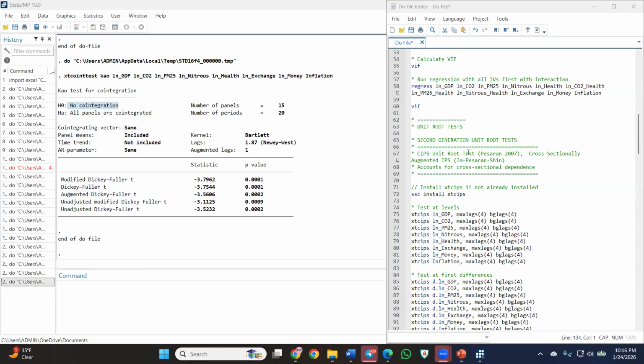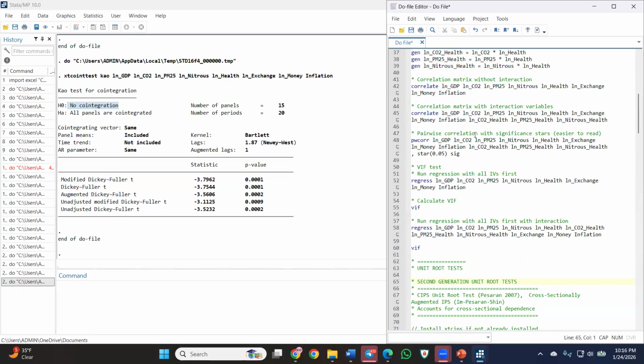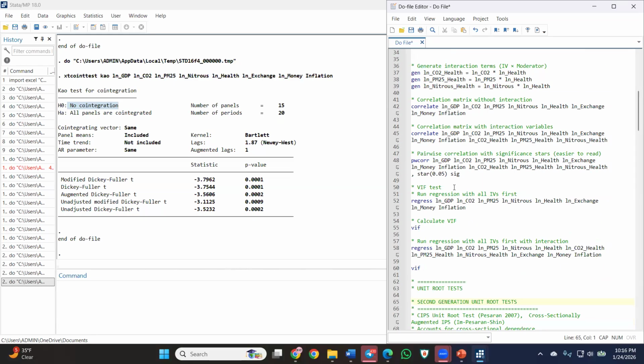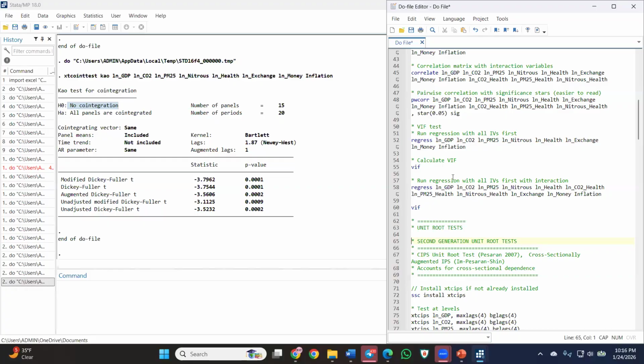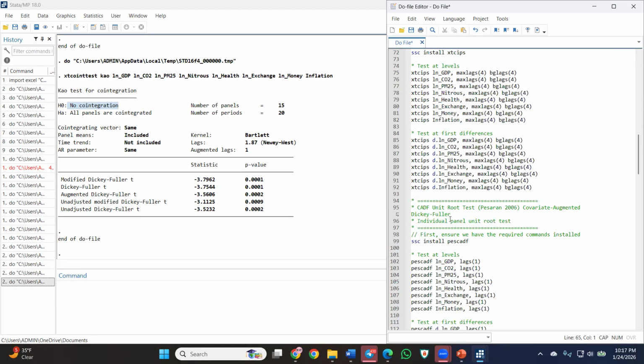Let's continue. The reason why we have the second generation at the top is because in our work, we found the presence of cross-sectional dependency in our results. So we have to use the second generation unit root tests, which are the CIPS and then the CADF.